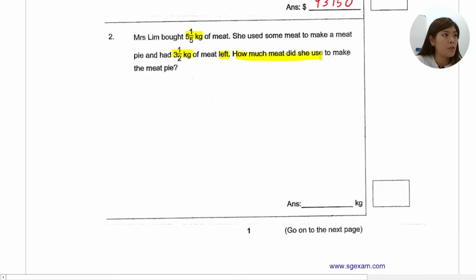To do this, first you need to change this to an improper fraction first. So it will be 26/5, and then the same thing for the 3.5 kg, which is 7/2.